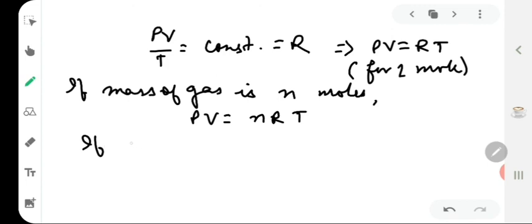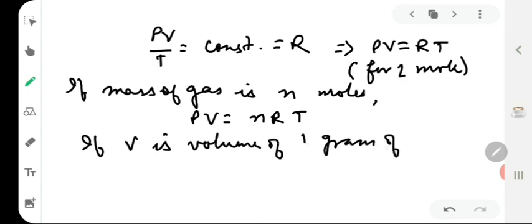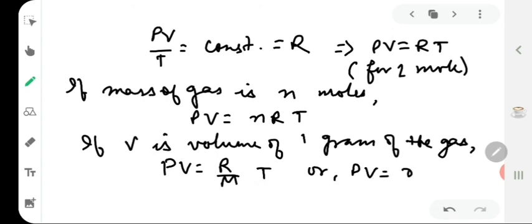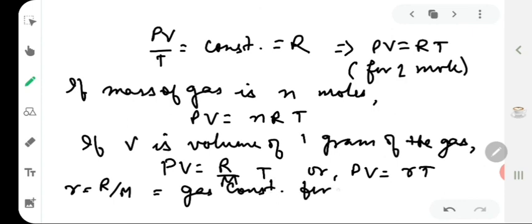If V is volume of 1 gram of the gas, then PV equal to R by M times T, or PV equal to small r into T, where small r is equal to R by M, is the gas constant for 1 gram of gas, and obviously M is the molecular weight of the gas.